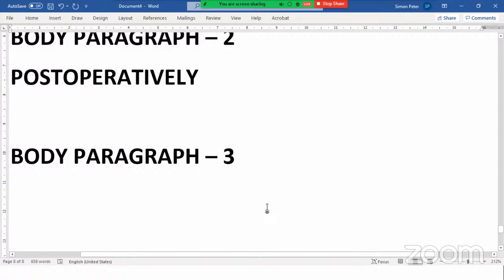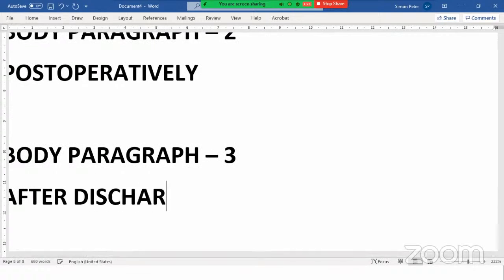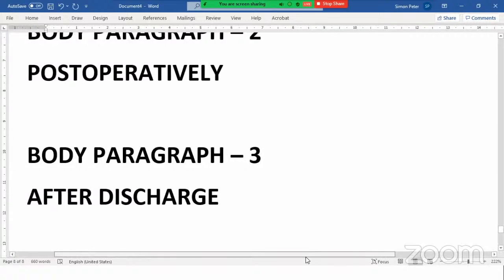body paragraph 3, after discharge. Time is separated into three groups, because this is not an urgent letter.